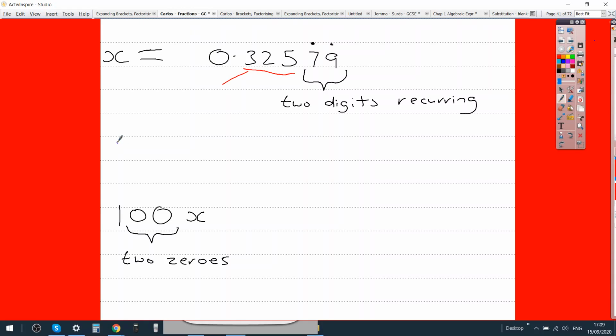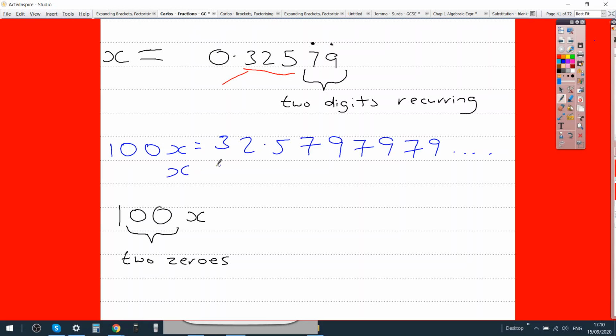So it would become 32.579 recurring. Yeah. So that is 100x. This is 1x, just a normal one.